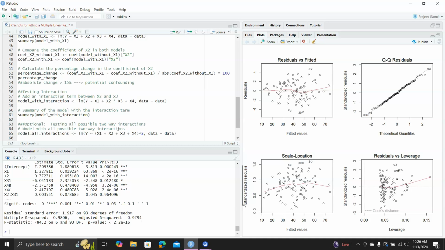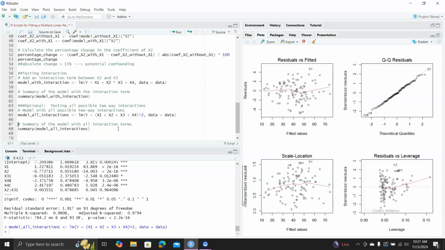Okay. Then there's a shortcut if you really say, oh, I'm just fishing for significant interaction terms. I want to look at all possible interactions between all these four independent variables. So you can use this formula: x1, x2, x3, x4, in parentheses, squared.